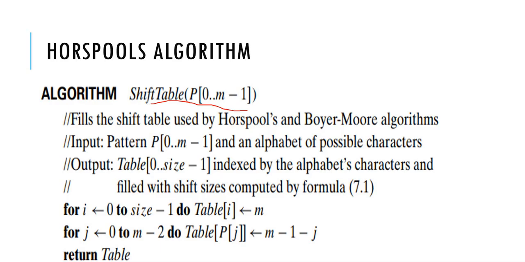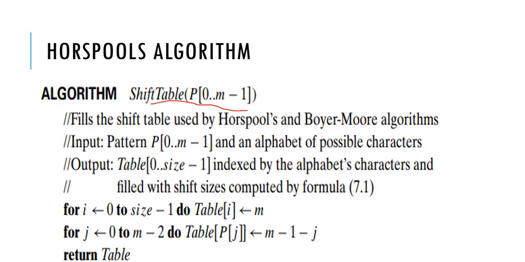It is going to fill the shift table with the pattern. The input is the alphabet of possible characters, that is, all A, B, C, D till the end, along with the pattern.